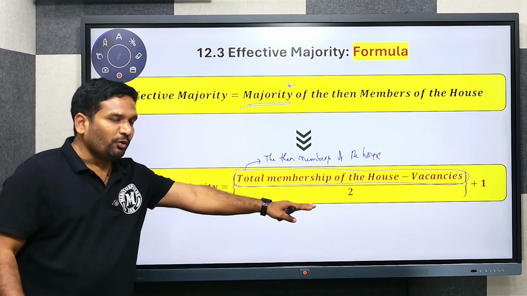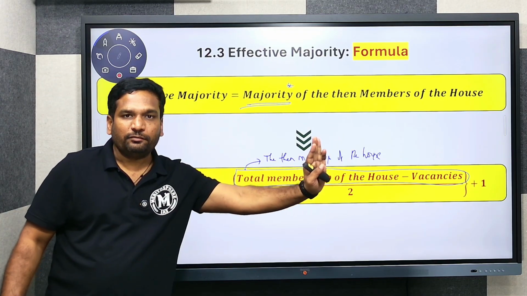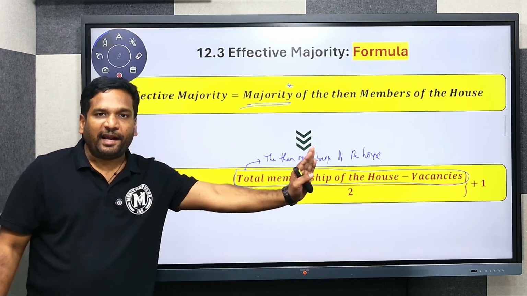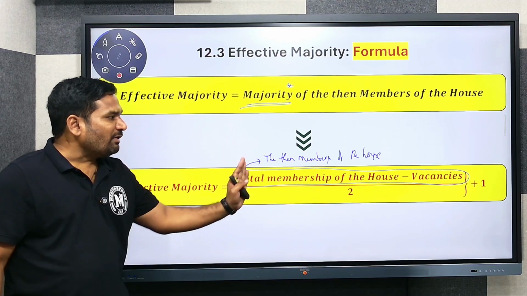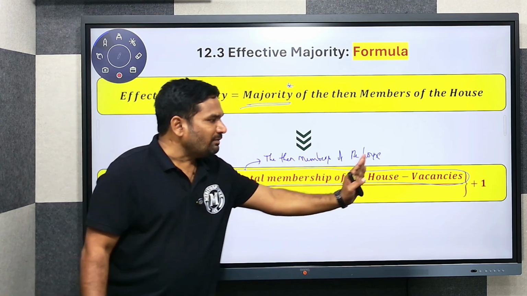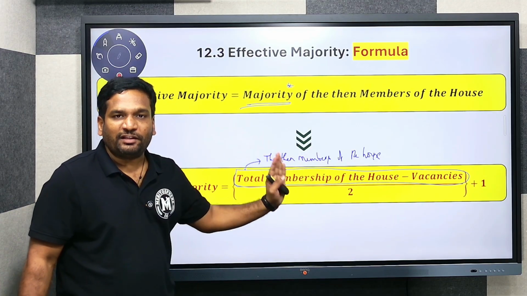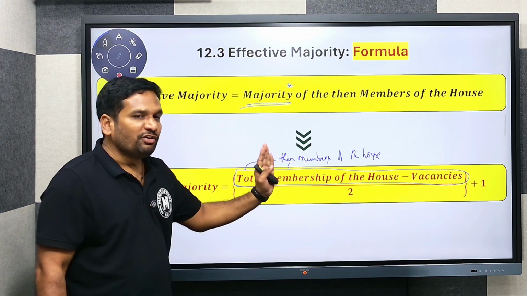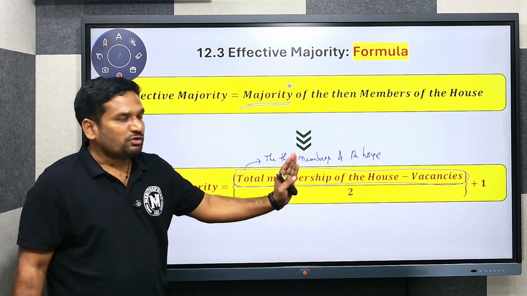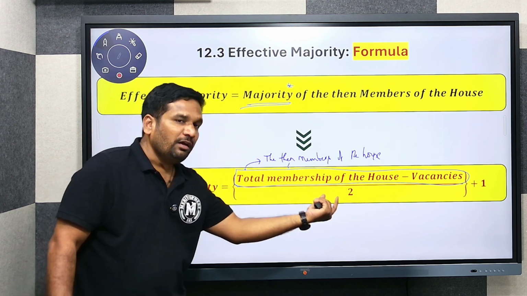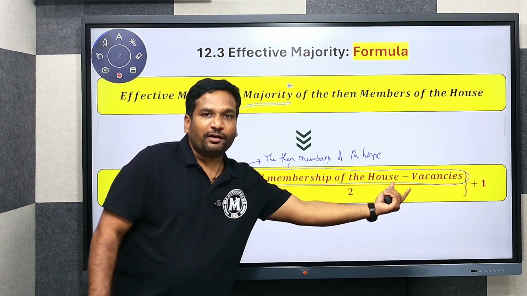So we have to divide by 2 and add 1. The then members of the house is total membership minus vacancies, and we have to get the majority of this, so we divide it by 2 and add 1.